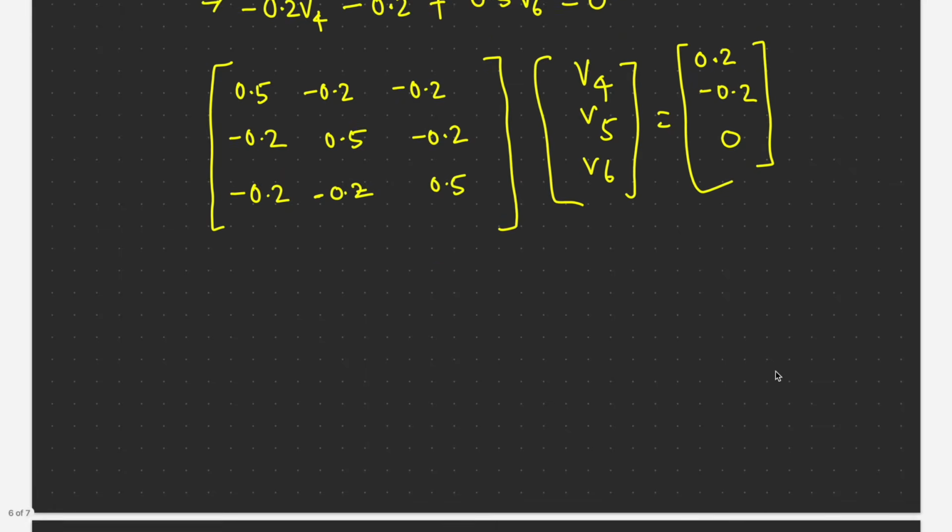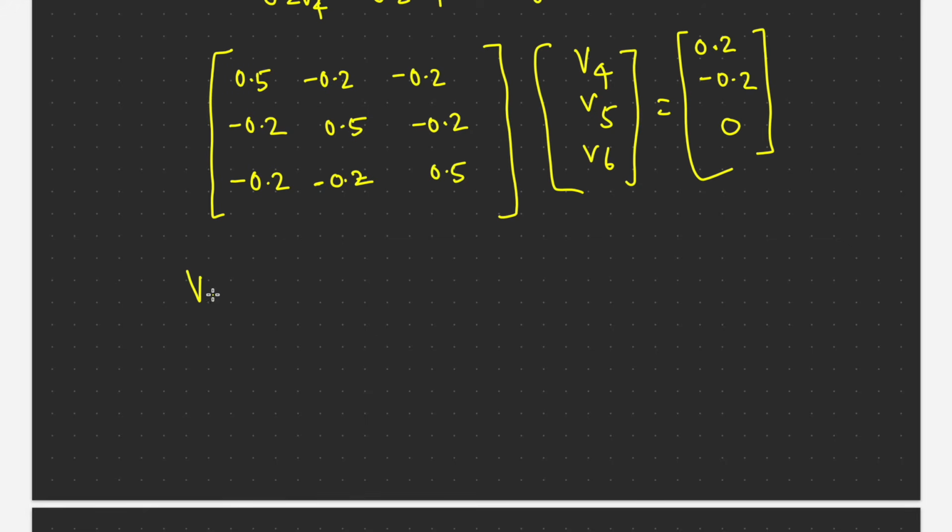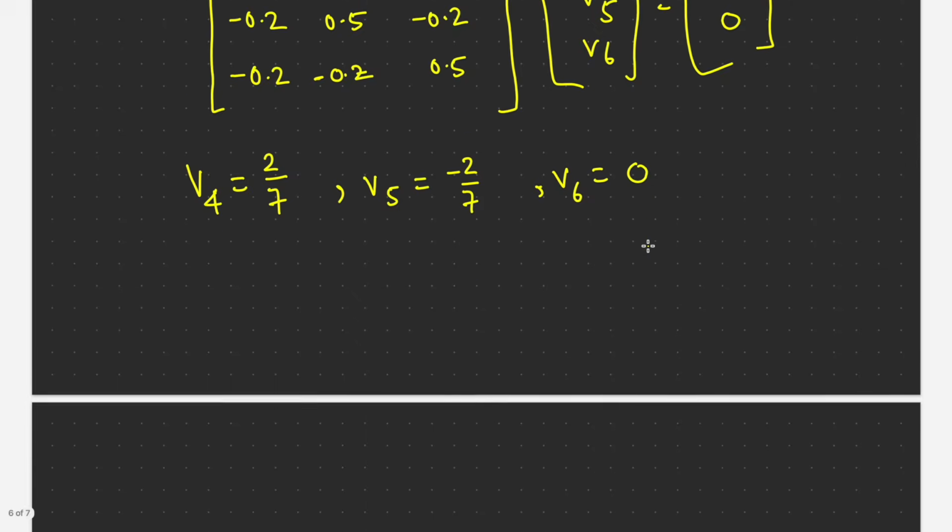So we can solve for V4, V5 and V6 using the equation option available in the calculator, and we will get V4 as 2 by 7, V5 as minus 2 by 7 and V6 as 0.